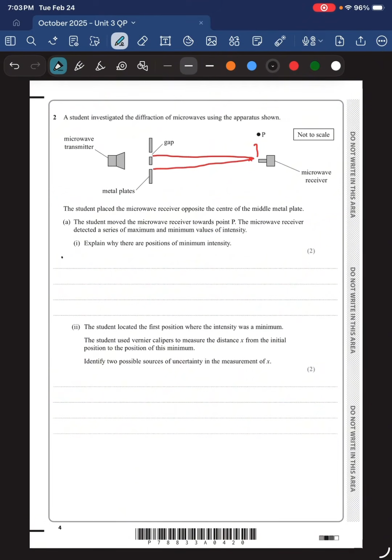So the waves travel through the two slits. They actually ask for minimum intensity. So the waves travel through the two slits and superimpose.